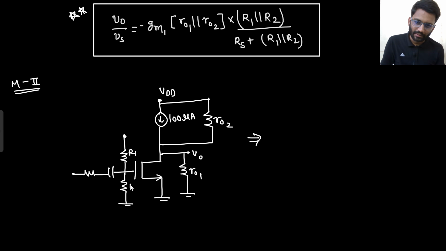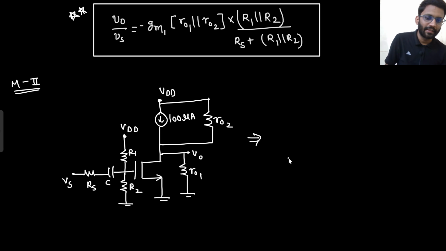This is R1, this is R2, this is VDD, this is RS, this is V, this is VS, this is capacitor C. So what will be the final circuit after the small signal analysis?